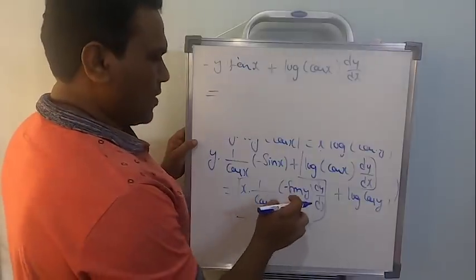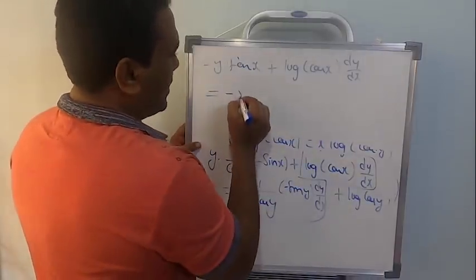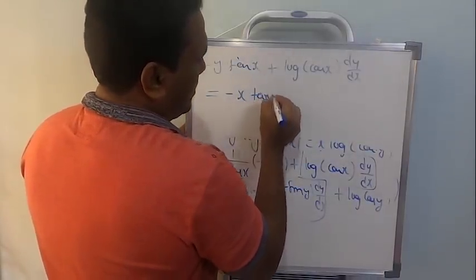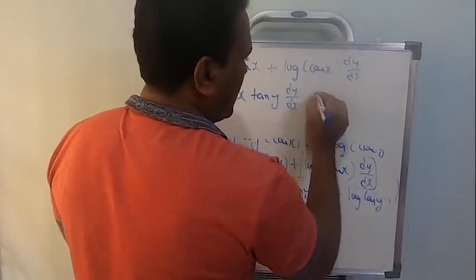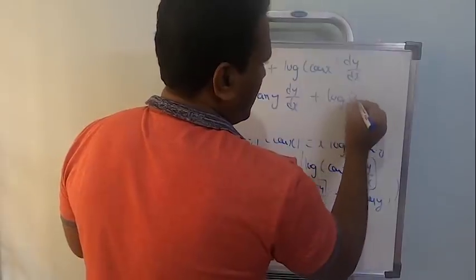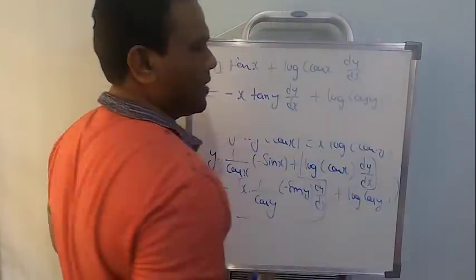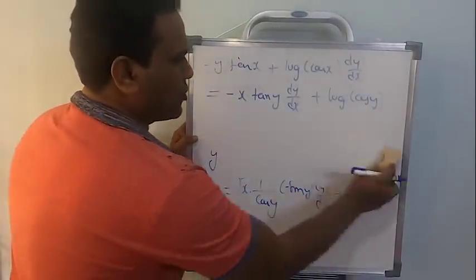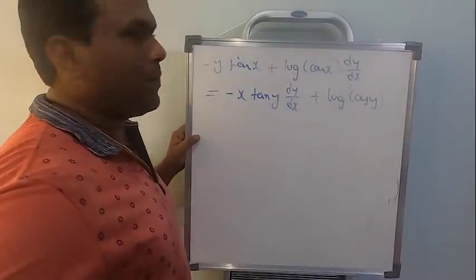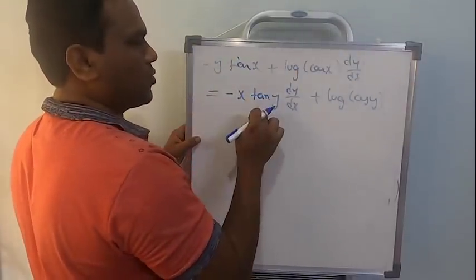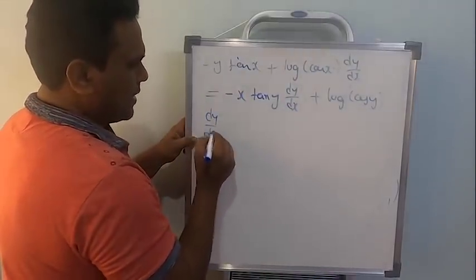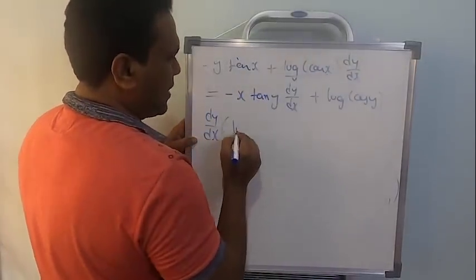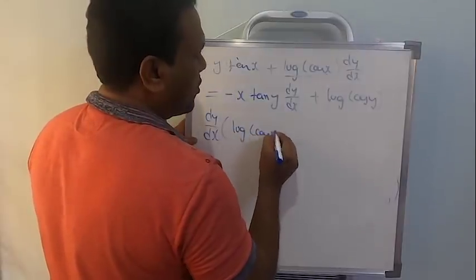Now the right side, we can notice here we have minus x tan y multiplied by dy by dx plus log of cos y. Now the next is to collect the terms of dy by dx to one side. These are the two terms which contain dy by dx. From these two, if I take dy by dx common, here we have log of cos x.